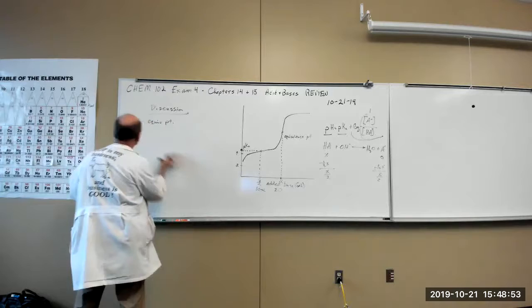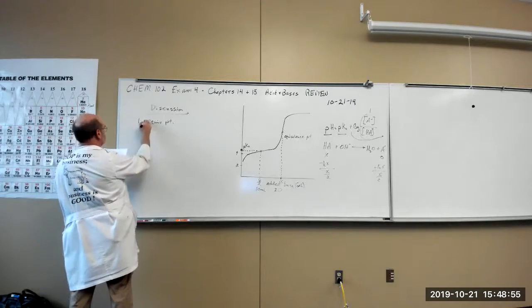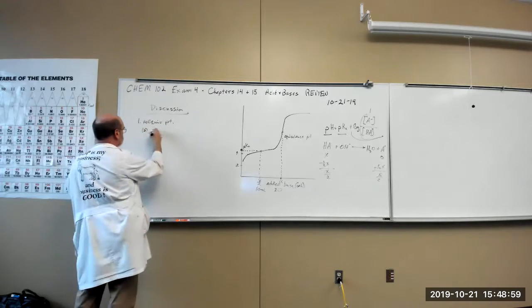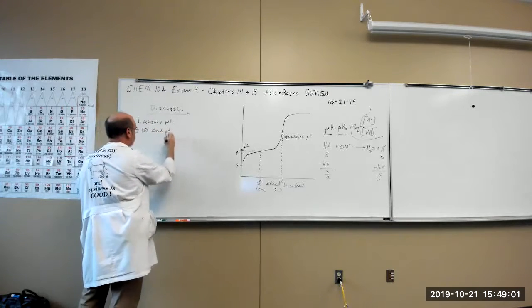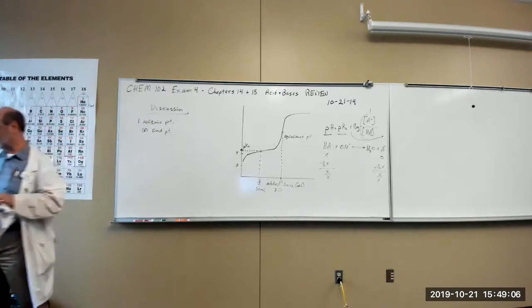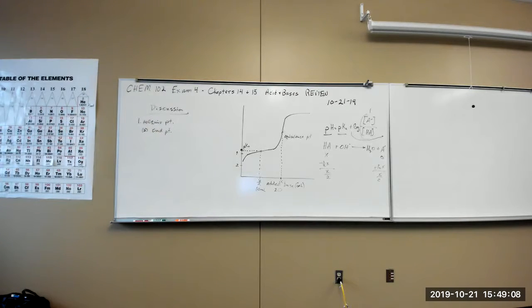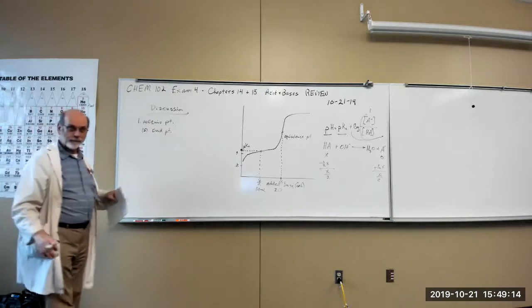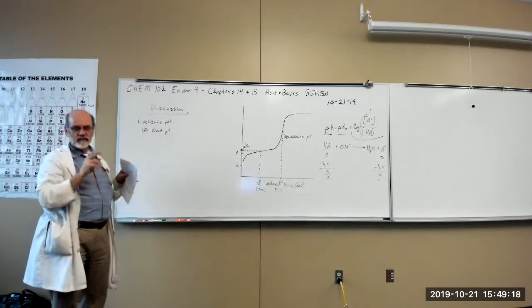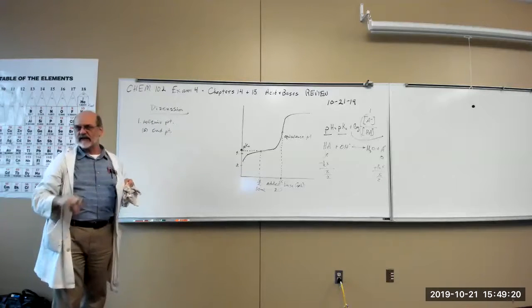That was A. B is endpoint. What's the endpoint of an acid-base titration? It's related to the equivalence point. The endpoint is an approximation of the equivalence point based on the color change of an indicator.